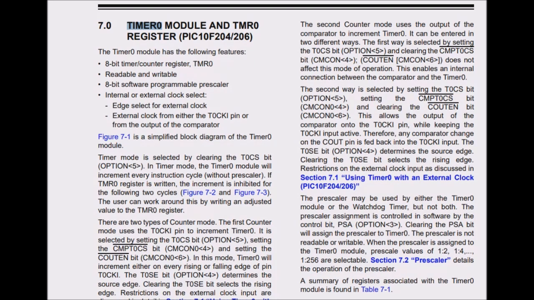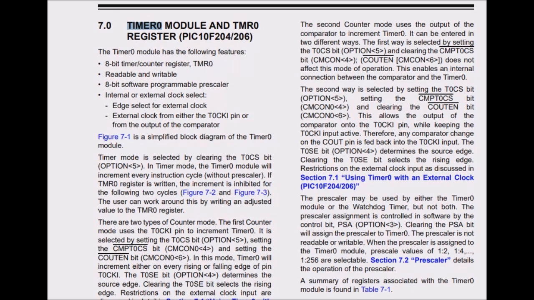The Timer0 module has the following features: 8-bit timer/counter register, Timer0, readable and writable, 8-bit software programmable prescaler, internal or external clock select, edge select for external clock from either the TOCKI pin or from the output of the comparator.